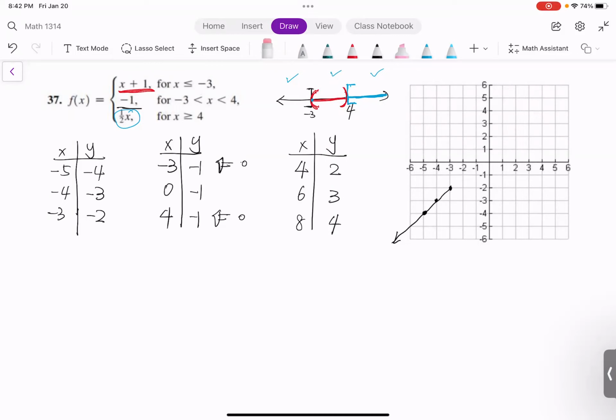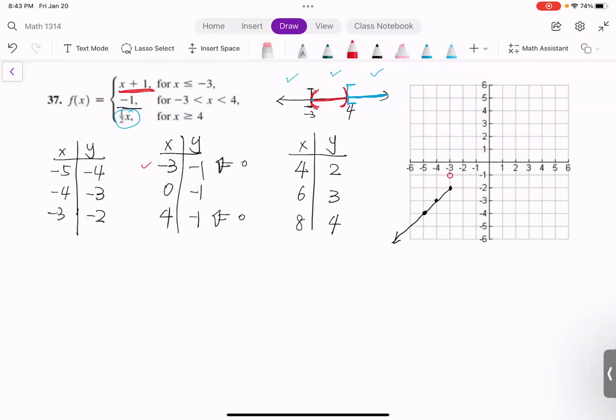So the next part, first point is -3, -1. Now I must be careful because this is an open circle.